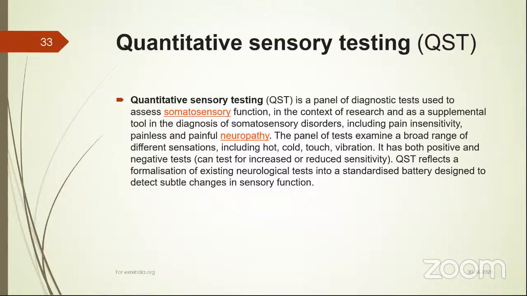Sometimes we use quantitative sensory testing, mainly for research purposes and for recording progression, because mostly they expect more quantitative assessment than qualitative. We have to give some number to whatever we assess. So even for sensory testing, we are trying to find new equipment to assess the sensation over the dermatome.